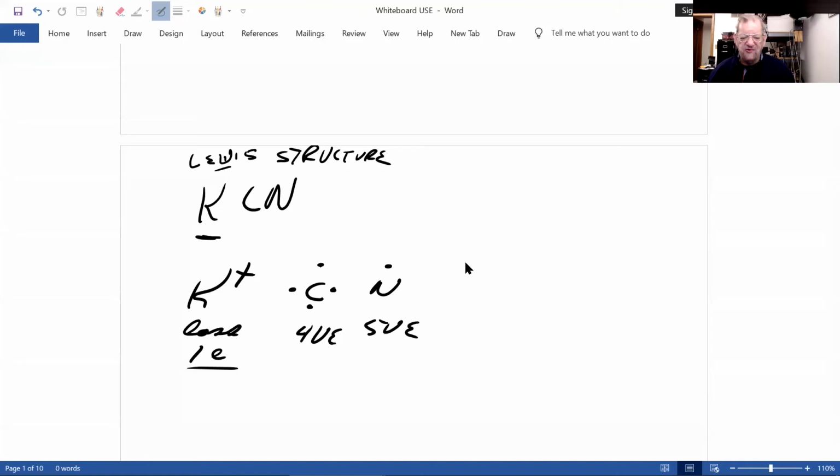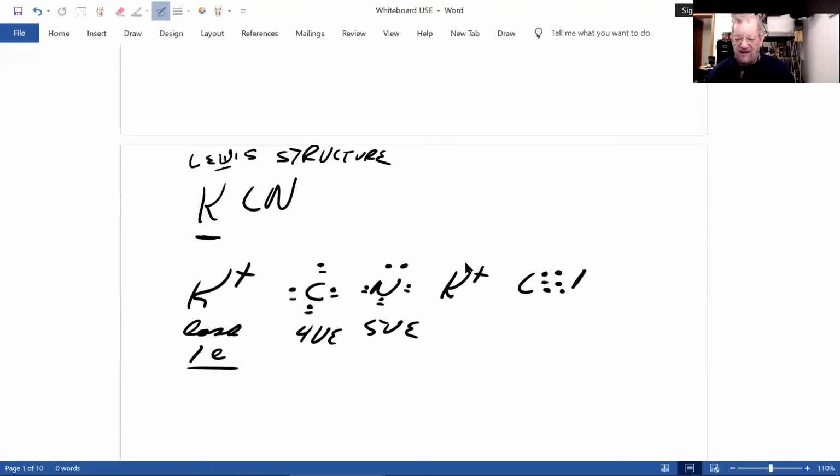Now, this part, I'm going to do the Lewis structure for each one. Now, notice carbon has 4 non-bond or single electrons. Nitrogen has 3. So carbon says to nitrogen, you've got 3, I've got 3, let's bond them together to form, what kind of bond is that?